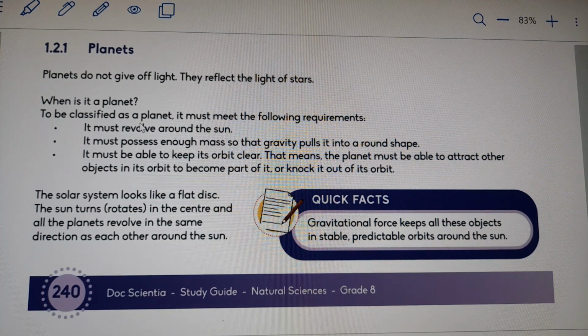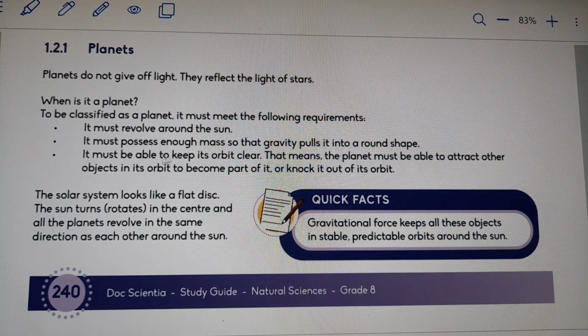To be classified as a planet, it must meet the following requirements. So an object to be classified as a planet must meet certain requirements, and those are these 3 requirements. It must revolve around the sun, number 1. It must possess enough mass so that gravity pulls it into a round shape.